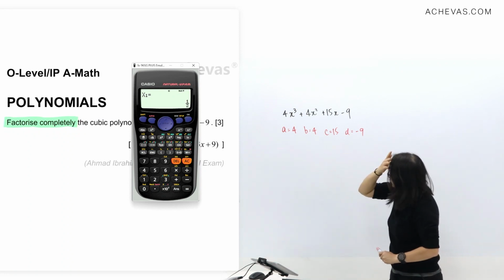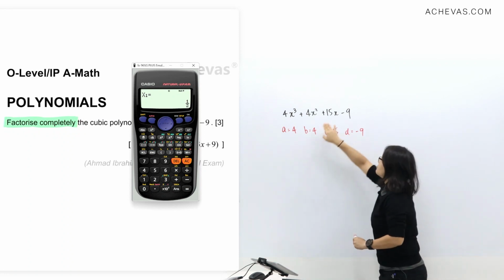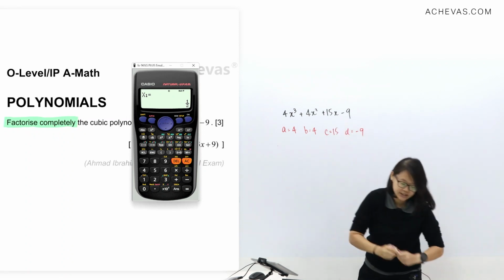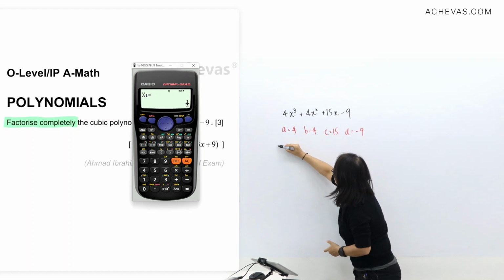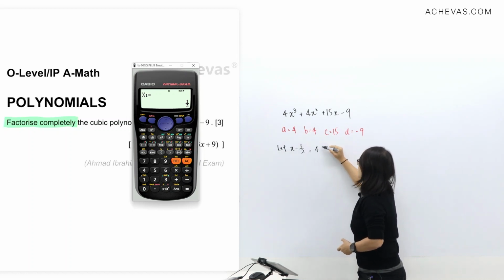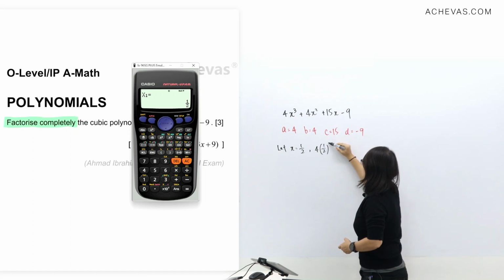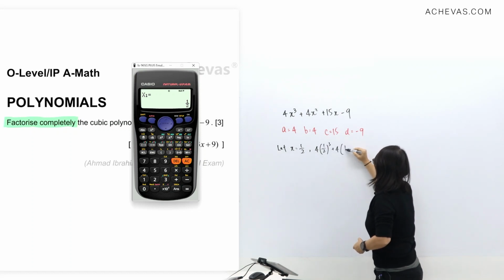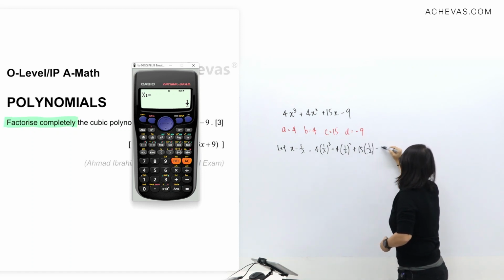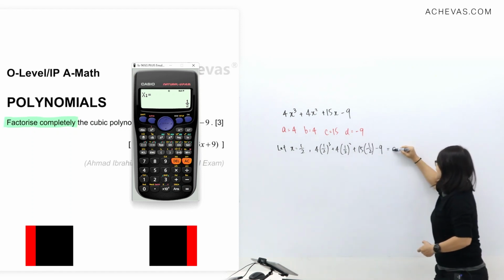So I'm going to use this half by testing in this polynomial. Let x equal half. Let's check this value. When I insert half into the polynomial, I will get my answer as 0.